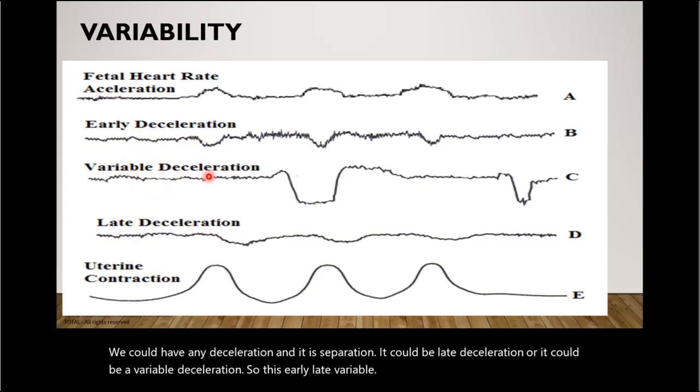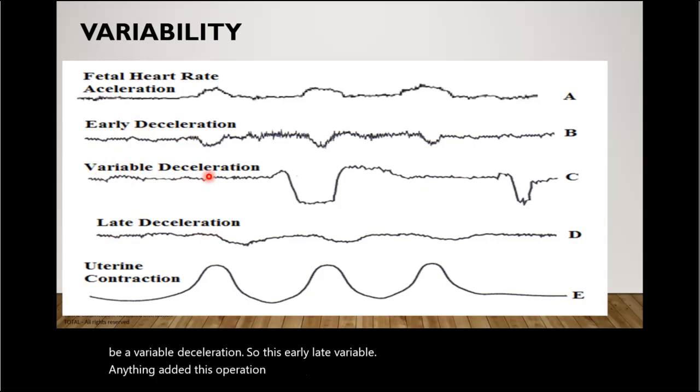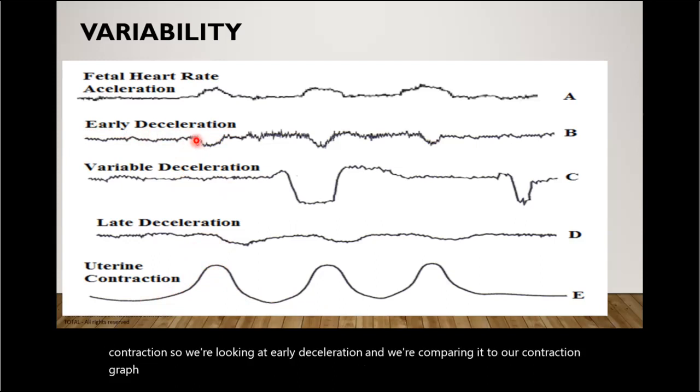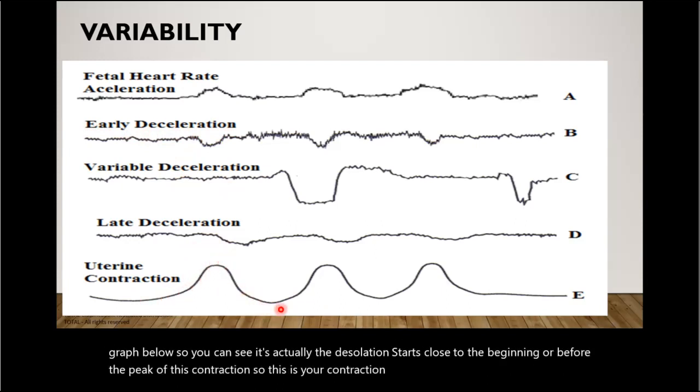In early deceleration, the onset is close to the beginning or before the peak of the contraction. We are looking at early deceleration and comparing it to our contraction graph below. You can see the deceleration starts close to the beginning or before the peak of this contraction. This is your contraction peaking and going back to the baseline, and this is our deceleration dropping.